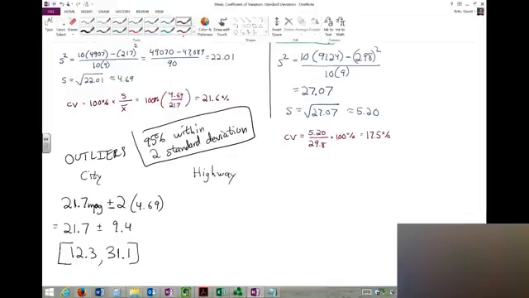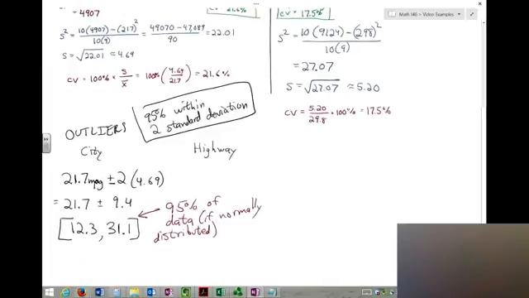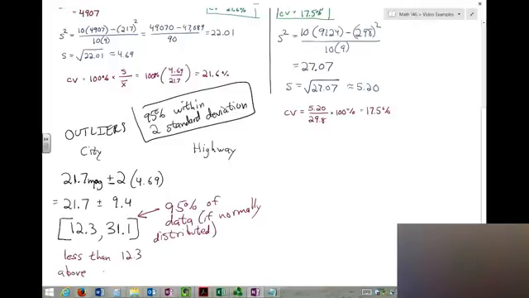So 95% of the data, if normally distributed, would be within that interval of values, and therefore anything less than 12.3 or above 31.1, anything outside of that range, would be considered an unusual value.